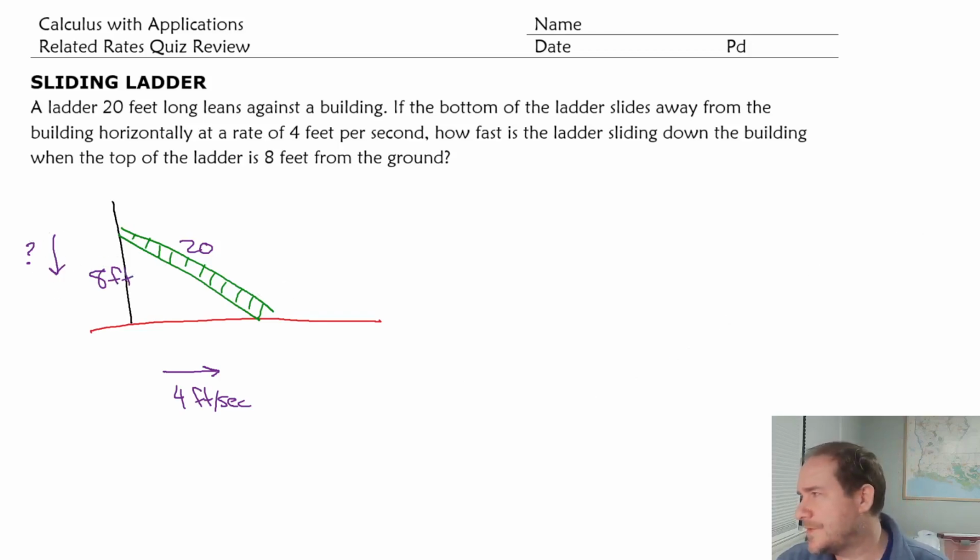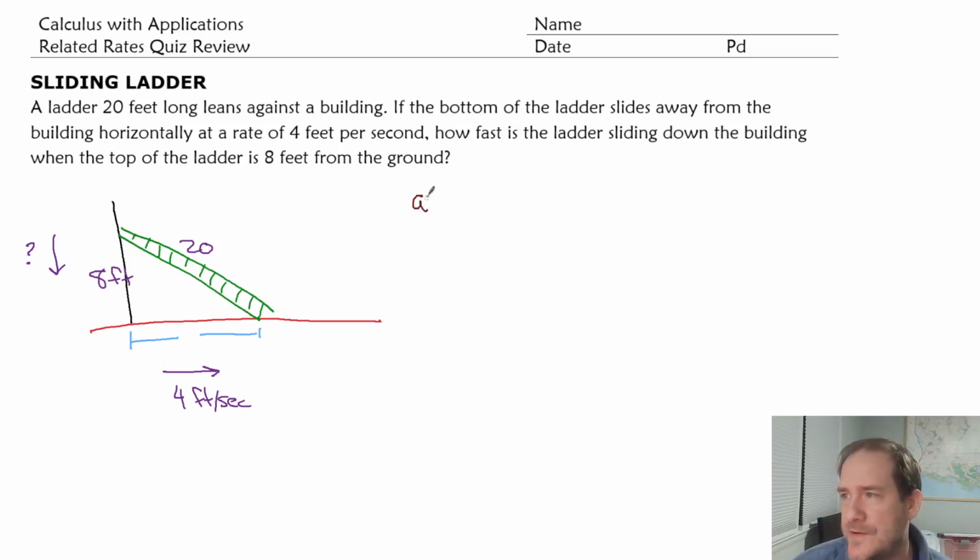All right, so first of all, we're missing a dimension. We don't have this dimension here along the ground. For these kinds of problems, we do want all of the dimensions. And why do we want them all? Well, think about the equation that relates all of these things.